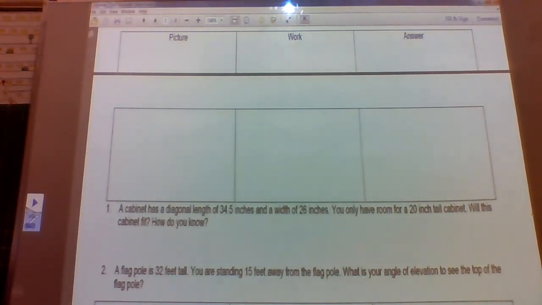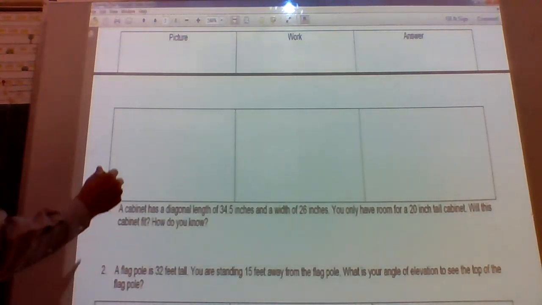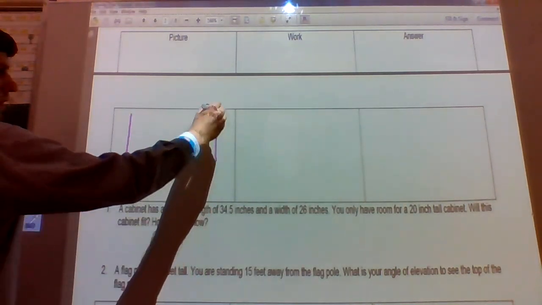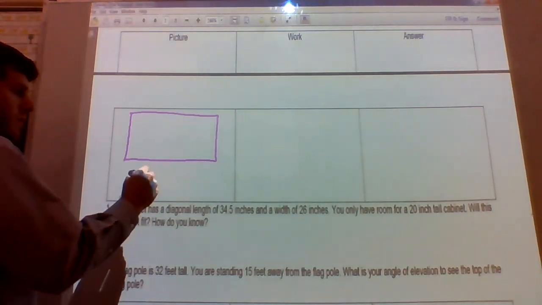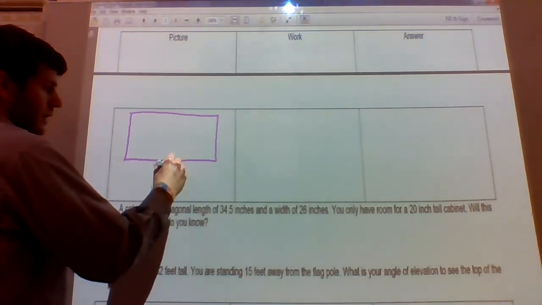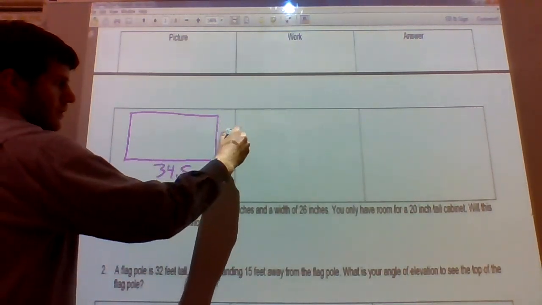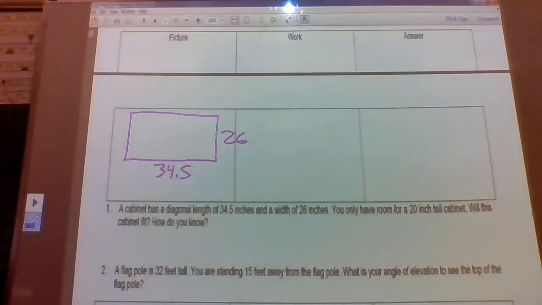You only have room for a 20-inch tall cabinet. Will this cabinet fit? How do you know?